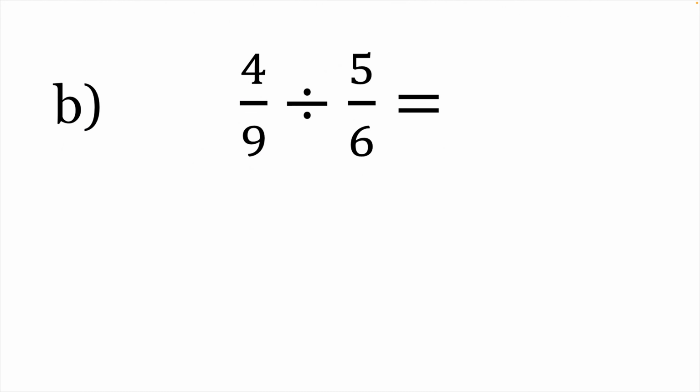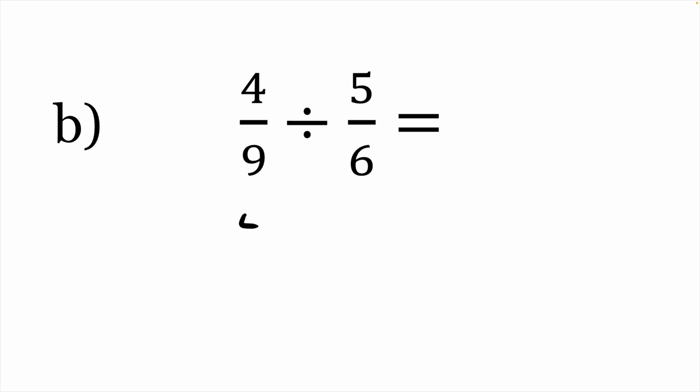So the way we divide is, instead of dividing fractions, we're going to multiply by the reciprocal, or keep, change, flip, okay? Anytime we have two fractions divided by each other, the first guy is going to stay exactly the same, 4/9.